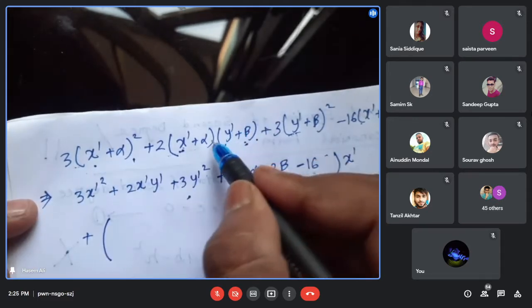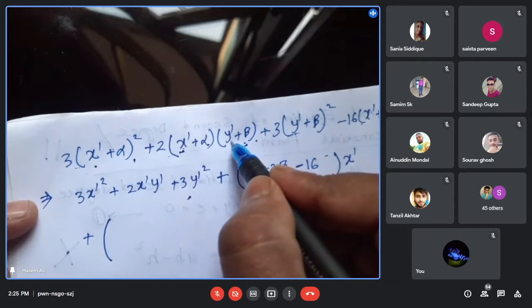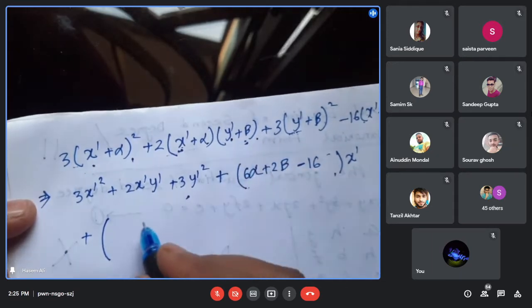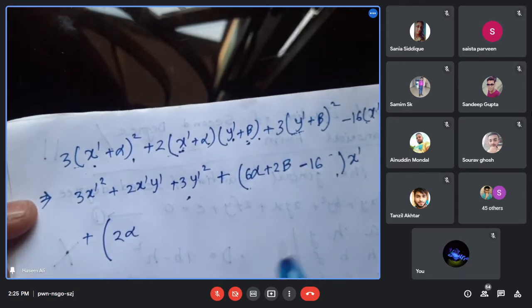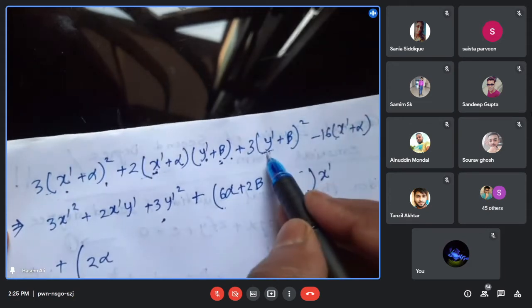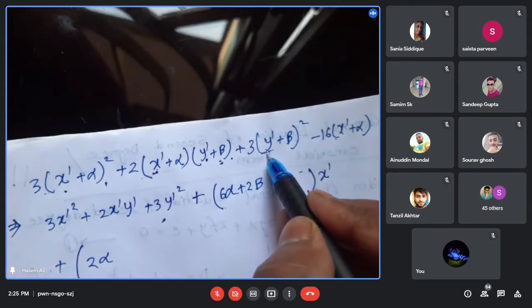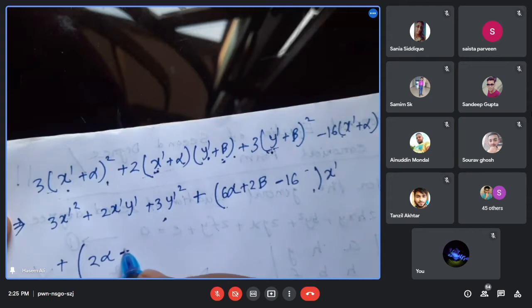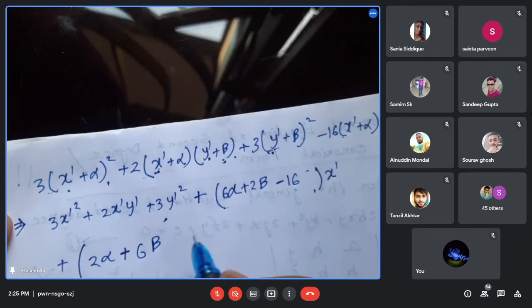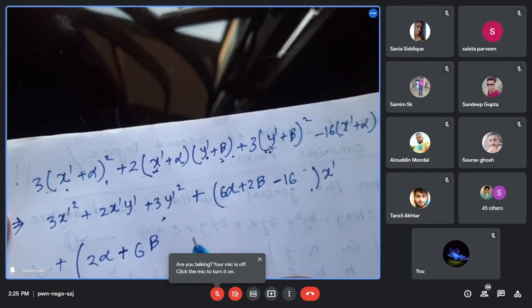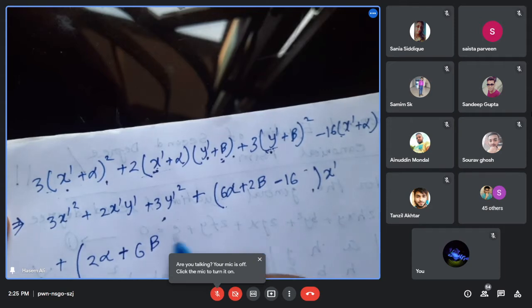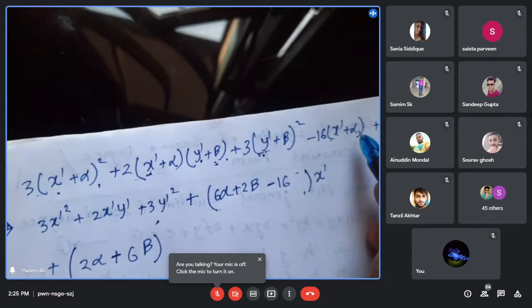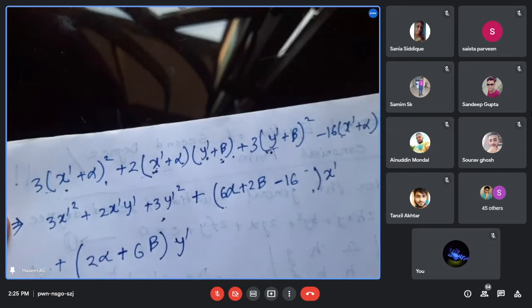From here, if we multiply alpha by y dash, then it will be 2 alpha. And from here, it will be 6 beta. And no other y dash term.